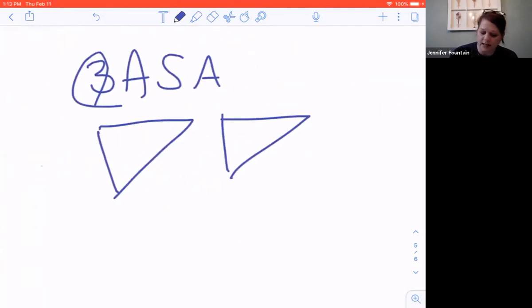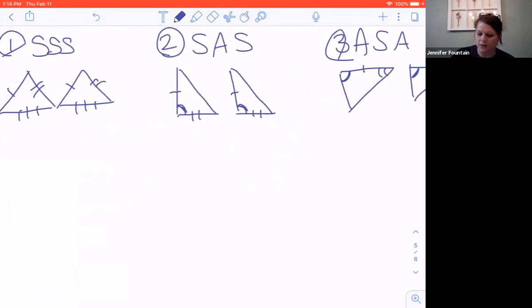So I'm going to start with this angle up here and say, okay, if this angle is congruent to this angle, now I'm going to do the side in the middle. So if I'm doing angle, side, angle, then my next angle would have to be this one because they have to be right after each other. So angle, side, angle. I have the same angles, the same sides, the same second angles showing congruence. So that's angle, side, angle. And then my last one is going to be angle, angle, side.